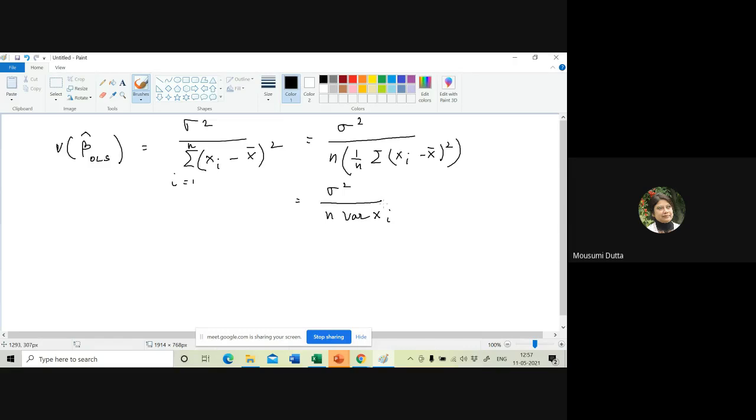But simultaneously, n, the number of observations, will fall.